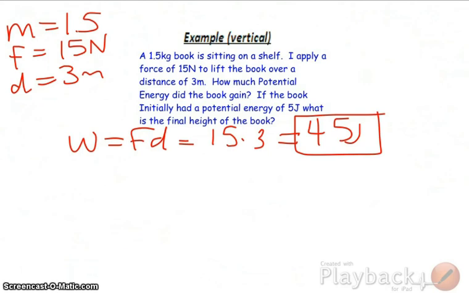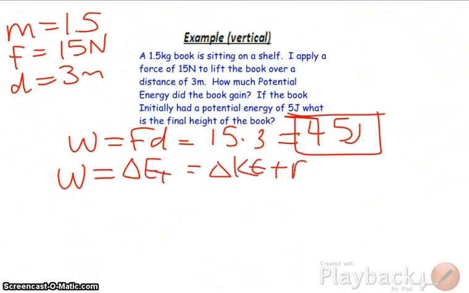Now, if the book initially had a potential energy of 5 joules, what's the final height of the book? Okay, well, work equals your change in energy, which equals change in kinetic plus change in potential.